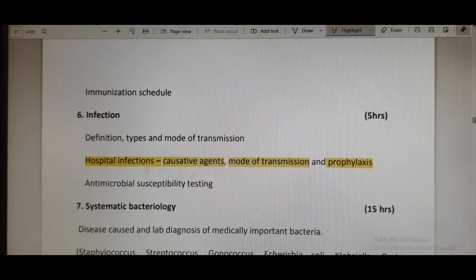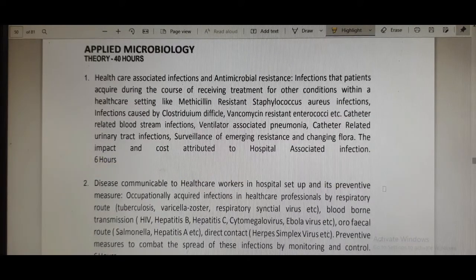In second year BSc ATOT also, they have mentioned hospital acquired infections. We'll see what the topics under hospital acquired infections in the second year ATOT are. So here we have applied microbiology for the second year. Healthcare associated infection is one of the topics under the subject, and you have antimicrobial resistance, which will be dealt with in another video.